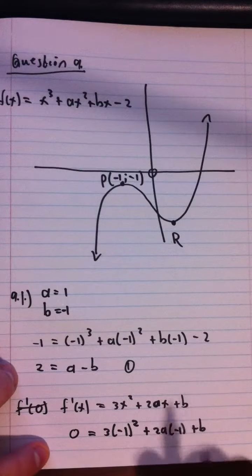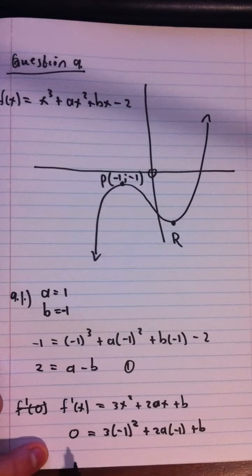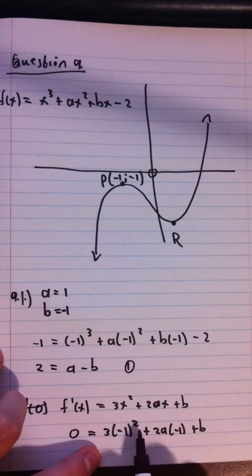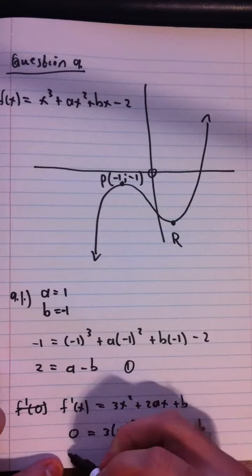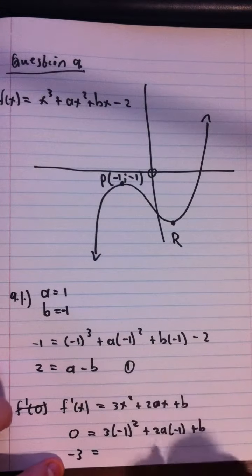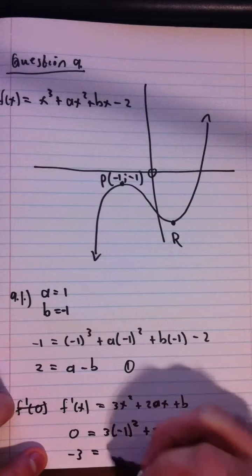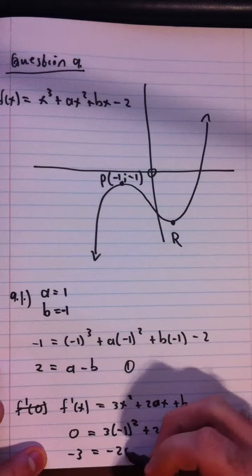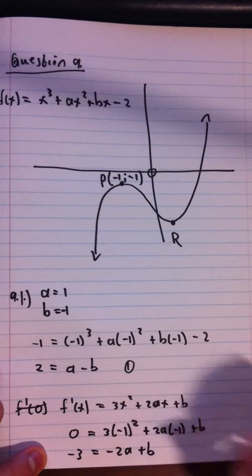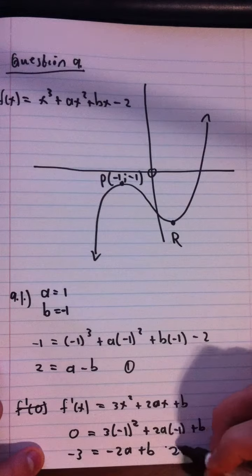And we simplify this, so we have the variables on one side, numbers on the other. We get negative 1 squared is 1 times 3 is 3. Take it across, it becomes negative 3. Equals negative 1 times 2a is negative 2a, and b remains b. So negative 2a plus b. So that will be our second equation.